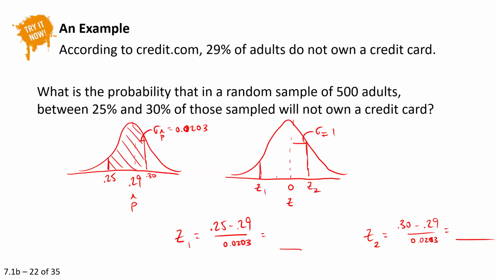Somebody have that first z value here. It's going to be something negative. Let's say 0.4. Excellent. How about z2? It's going to be positive. 0.4926. Excellent. So we have to find the area in between the two z values.